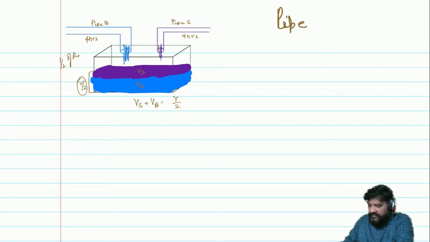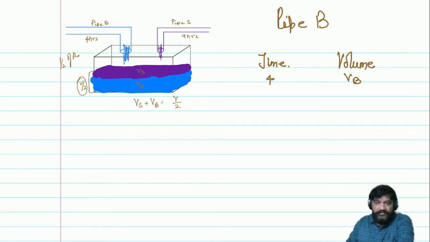The idea here is to use proportions. So for time and the volume of water. For time 4 hours, let's say the volume of water filled by the bigger pipe is VB. Now my intention is to find out how much water it fills for 1 hour.